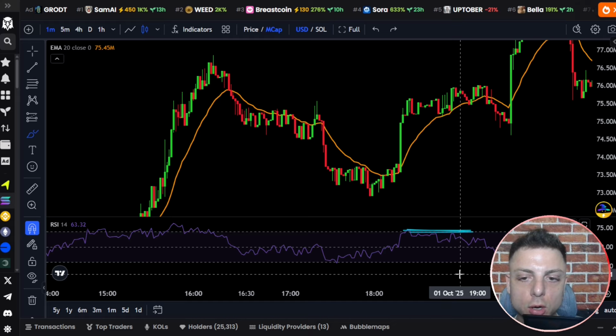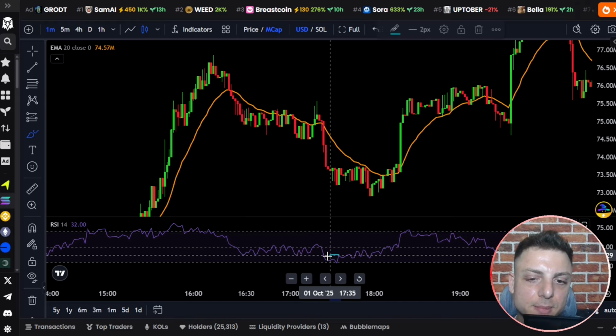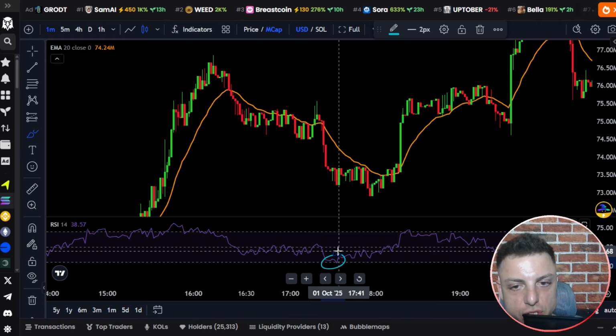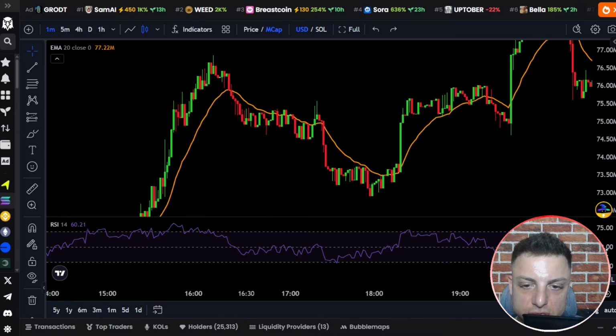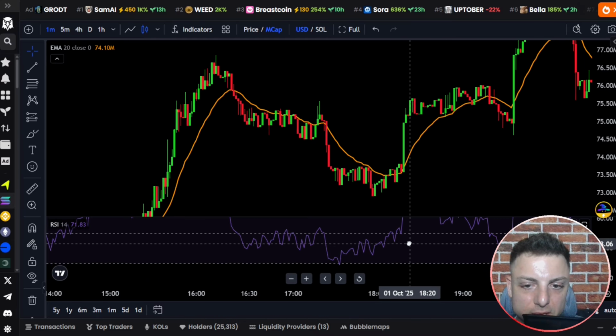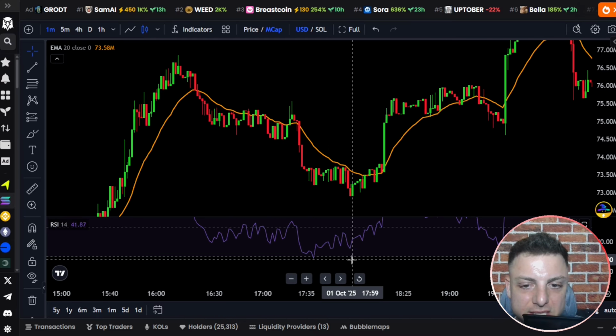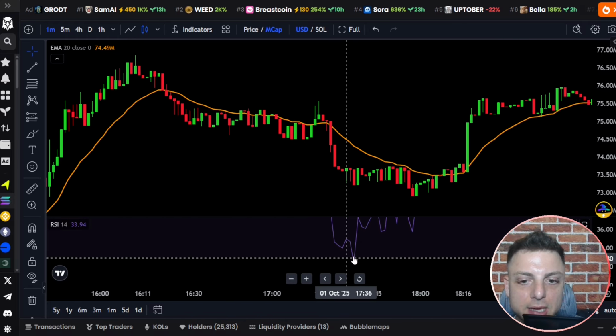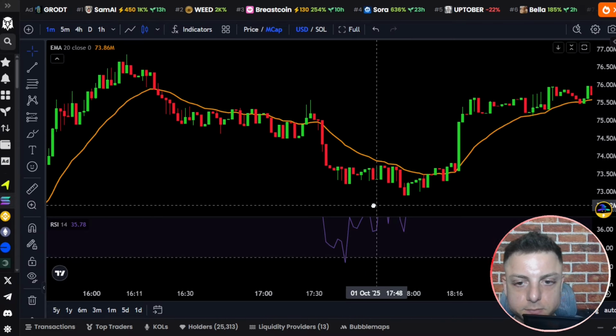We're looking for price to come into the oversold region and then make a bullish divergence. Now, what does a bullish divergence mean? So you can see here, we first initially got this slight little push into the RSI oversold region.